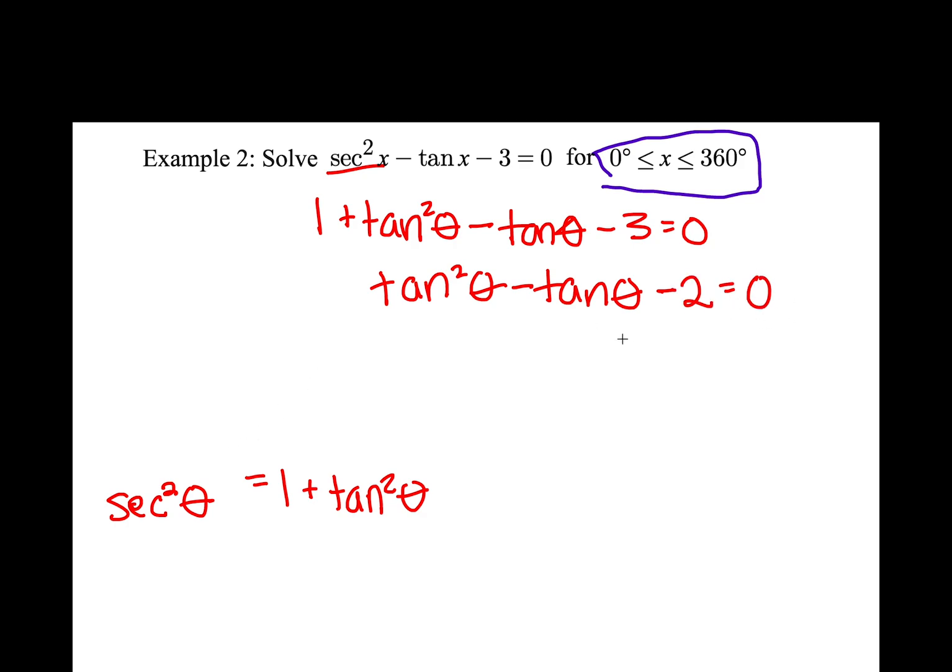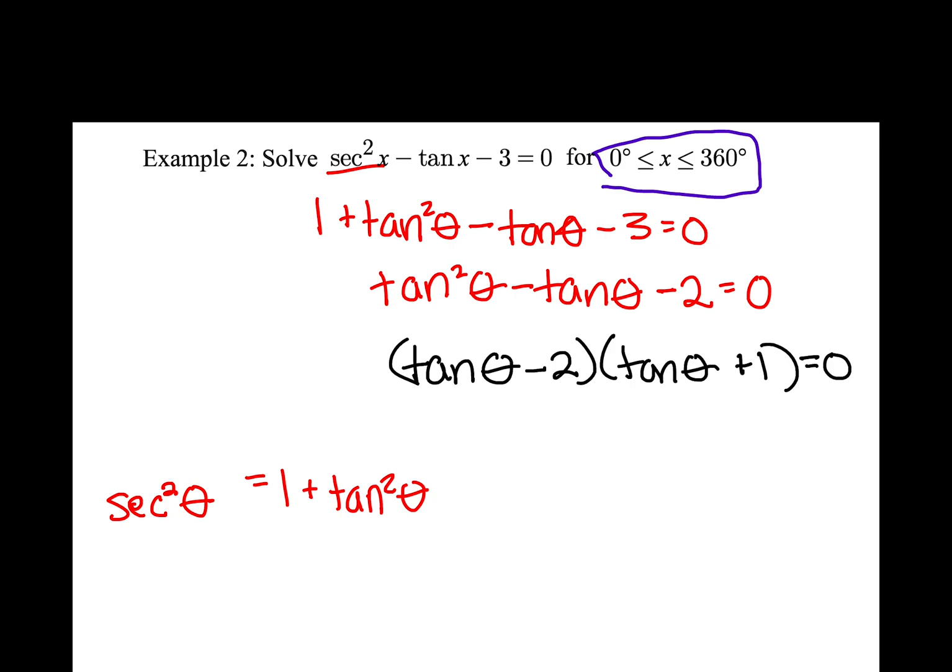So let's factor just as if it's a normal quadratic. Tan theta minus 2 times tan theta plus 1 equals 0.